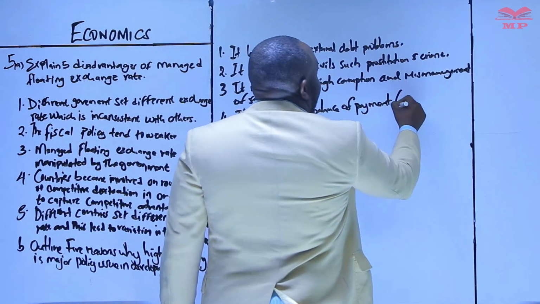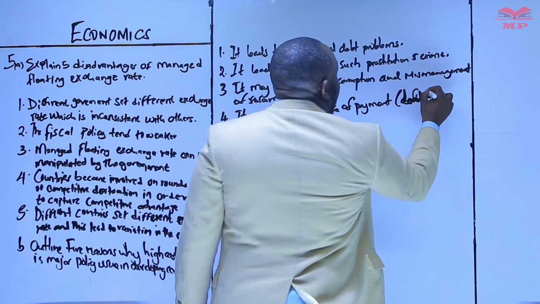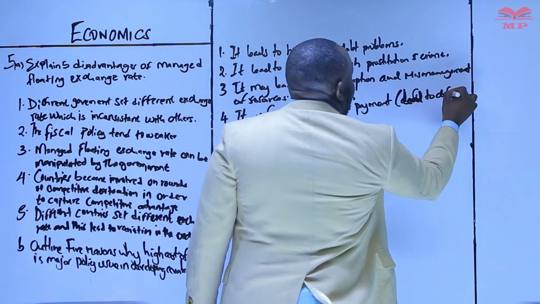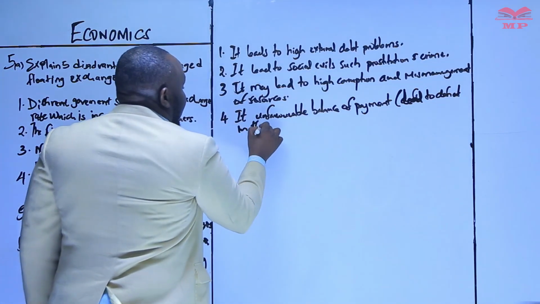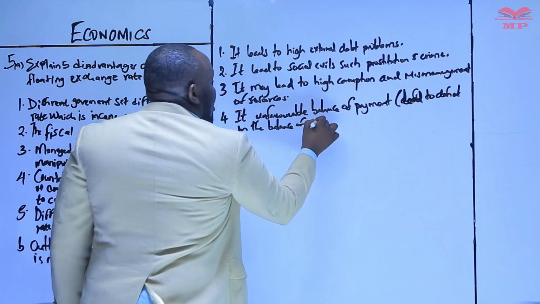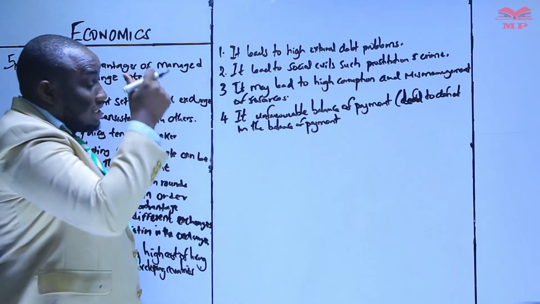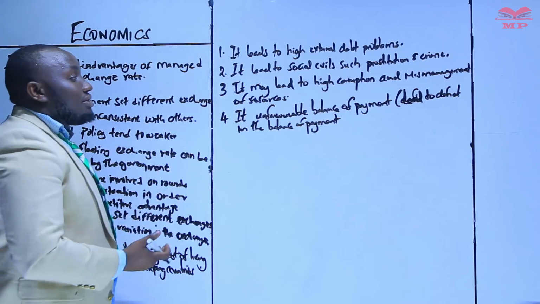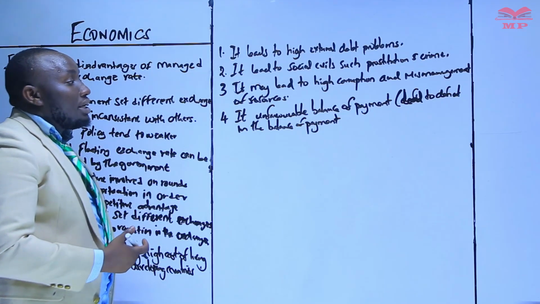So we can say it leads to a deficit in the balance of payment. And that's why it's a major policy issue, because people will not rely on the domestic industry, but will rely on imports.